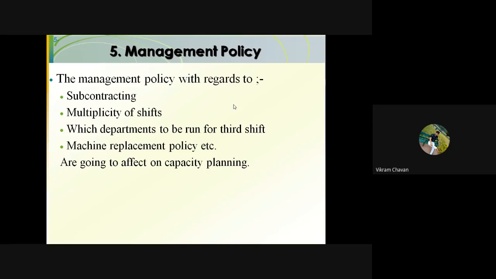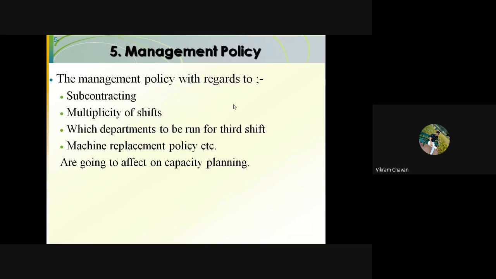Then next is the policy for machine replacement. Some industries have different policies; some are still using 1980s machines, and some industries use only the latest machines, five years old.